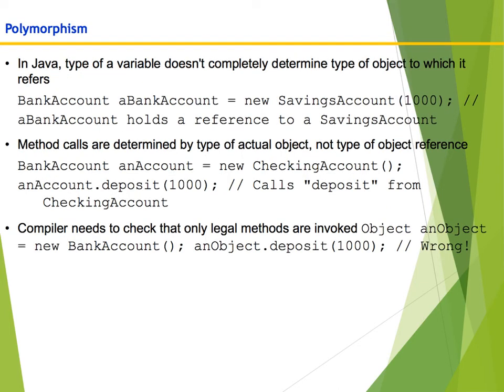An important point in Java is that the static type of a variable doesn't completely determine the type of object to which it refers.